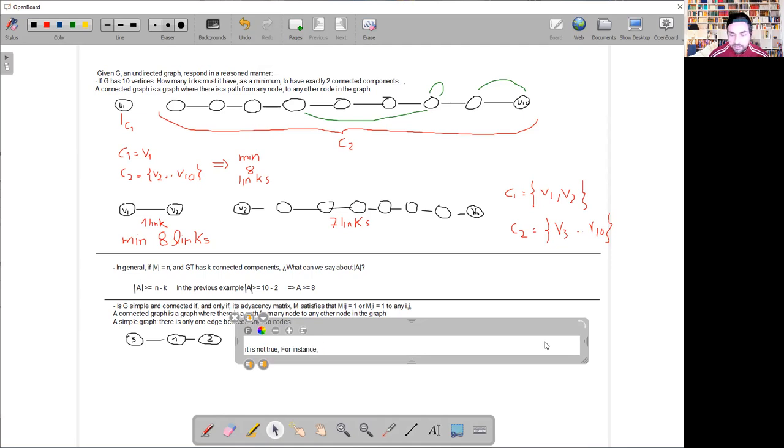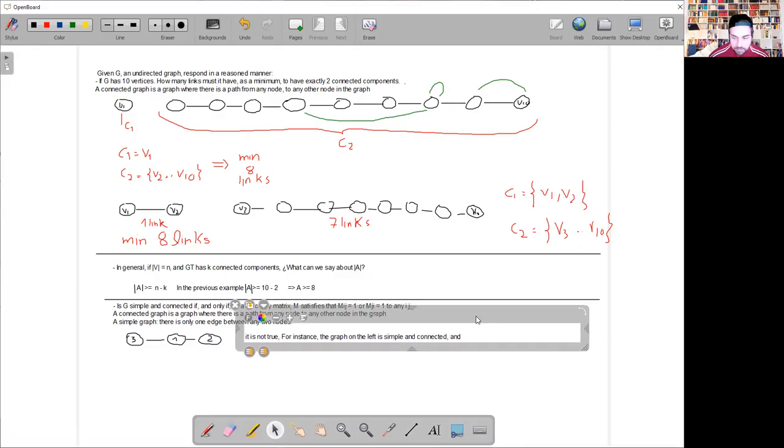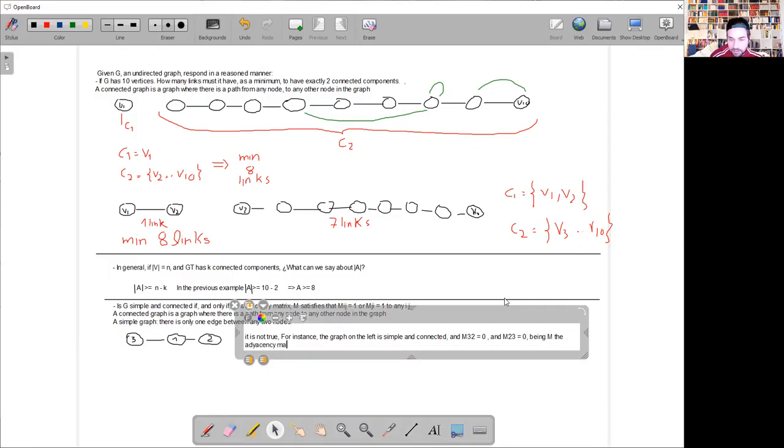For instance, the graph on the left is simple and connected, and the position 3, 2 is equal to 0, and the position 2, 3 is equal to 0, being M the adjacency matrix.